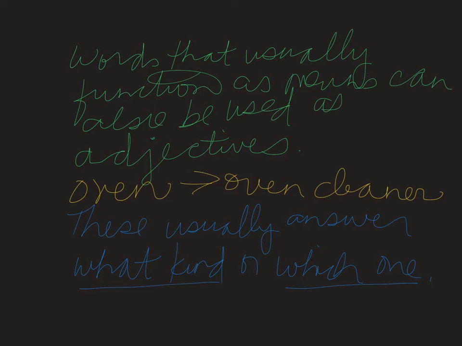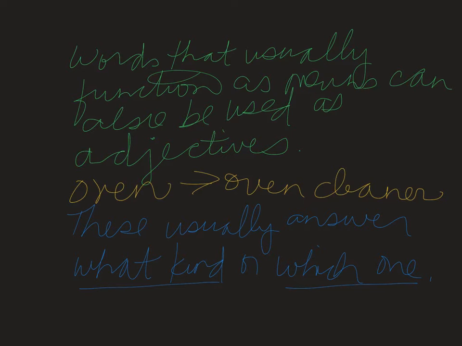All right, words that usually function as nouns can also be used as adjectives. You have more examples in your book, but an example I'm giving you is the word oven. If you think of the word oven, you're generally thinking of it as a noun, as the thing that your mom or your dad or maybe even you cook your food in, okay? But remember, the farther along we get in grammar, different parts of speech can function as another part of speech.